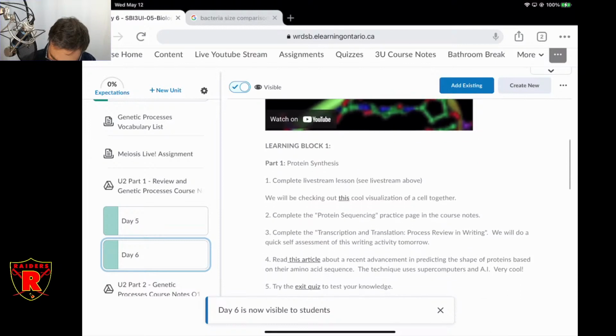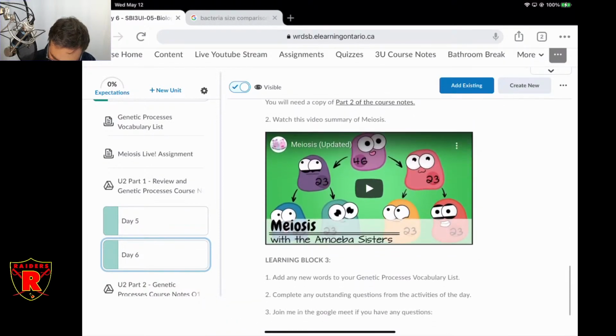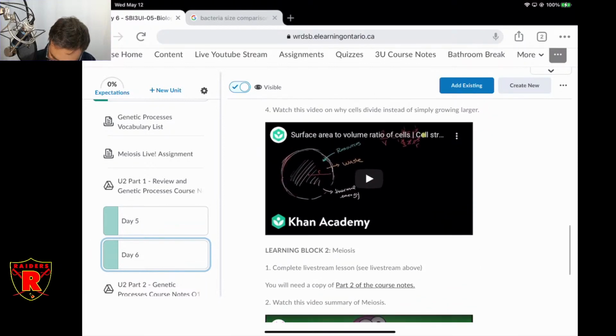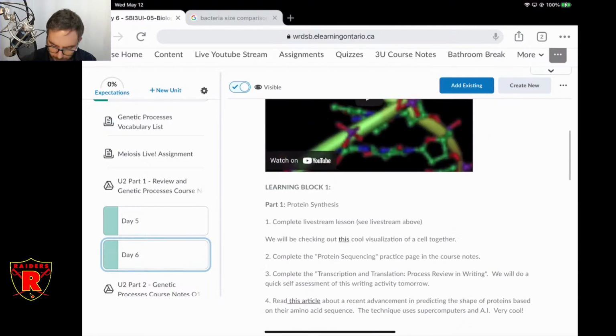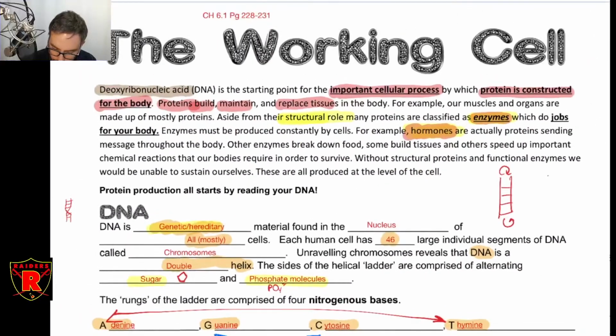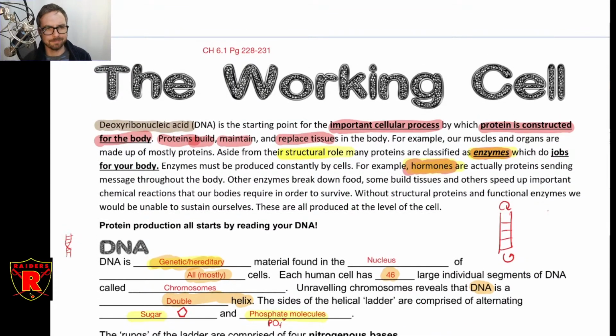Protein synthesis. That's a busy day. Okay. I'm going to just start this, but I think that I'll finish it tomorrow because I do want to give you some time. Oh no, you've got to write your quiz too. Never mind. I'm going to start this tomorrow, okay?